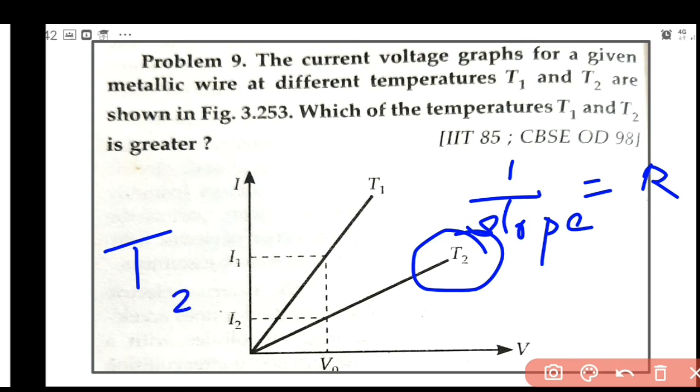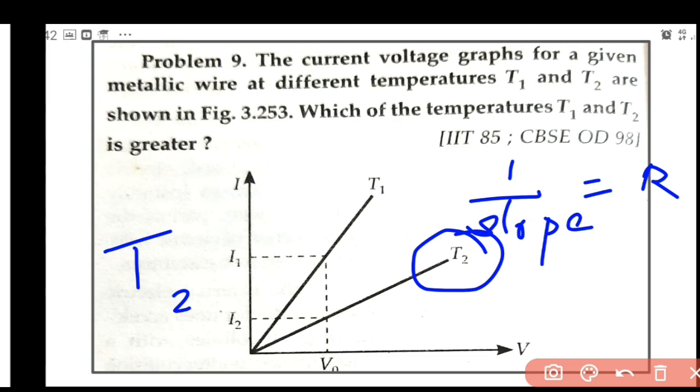We can do it in another way also. As temperature increases, resistance increases, so current will decrease. From the graph, at constant voltage, you can look at the current. The conductor that shows the lowest current will have the highest resistance.